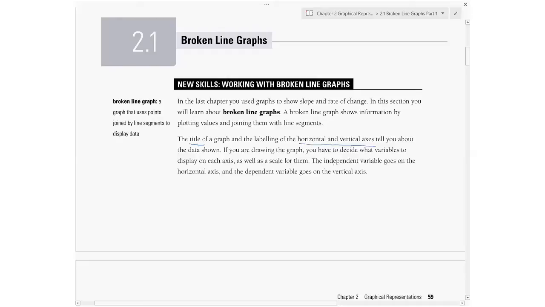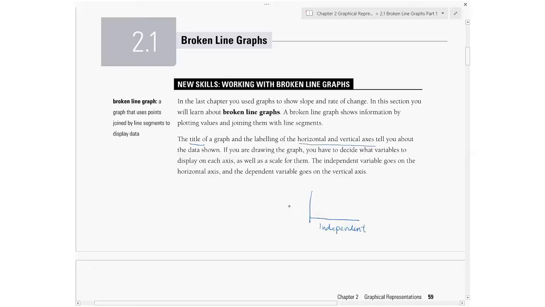Your independent variable goes on the horizontal axis. That means the thing that just kind of goes on its own. Often it's time, because we can't control what time is doing. It might be the number of things that are being sold or something like this.